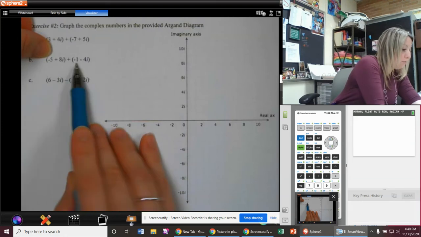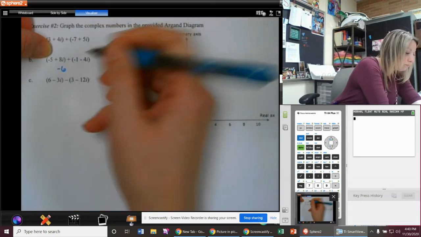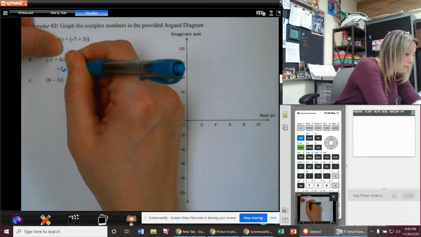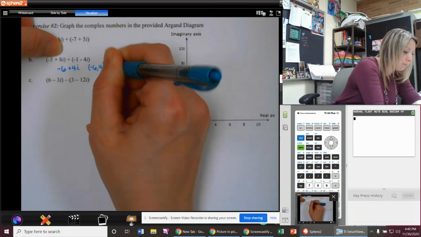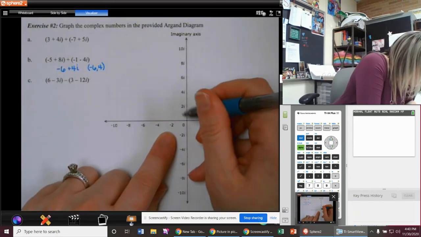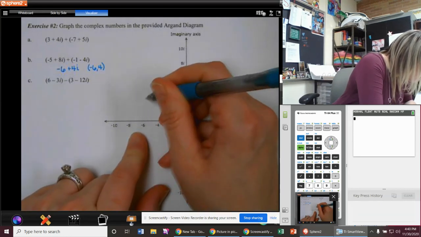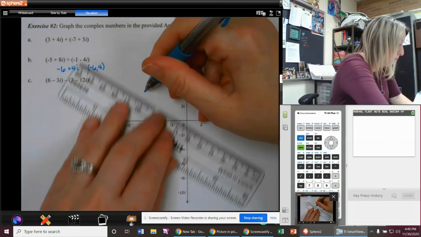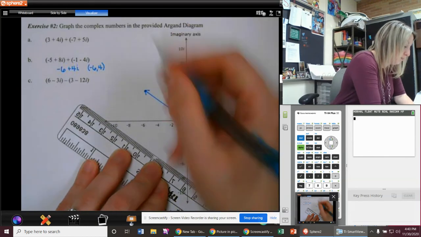So -5 plus -1 is -6. And 8i minus 4i is positive 4i, which means I'm going to graph the point -6, 4. 1, 2, 3, 4, 5, 6, up 1, 2, 3, 4. This is the resultant vector of those two. And label.